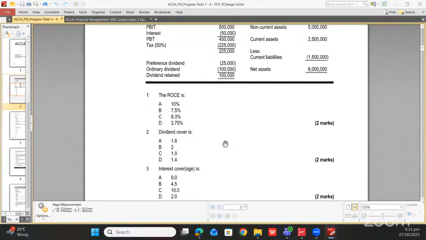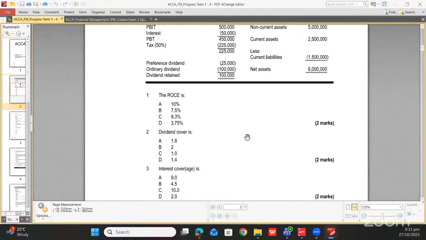Your profit before any dividend was 225,000, minus preference dividend of 25,000, so the profit after preference dividend is 200,000. The ordinary dividend is 100,000. So 200 over 100 would give you 2 times.